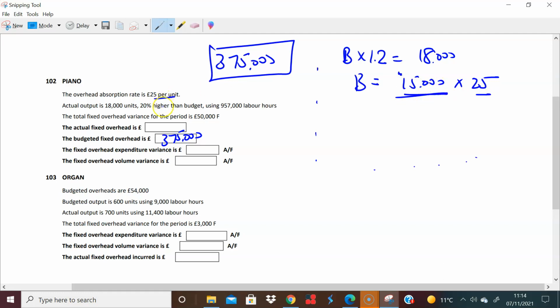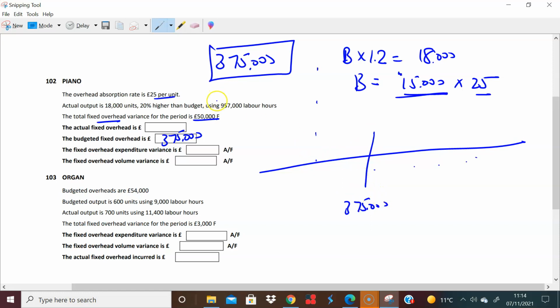Okay, so it says that the total fixed overhead variance for the period is 50,000. I need to do some playing around before I get there. Now I'm putting in £25 for every unit. I have my budget here at 375,000.